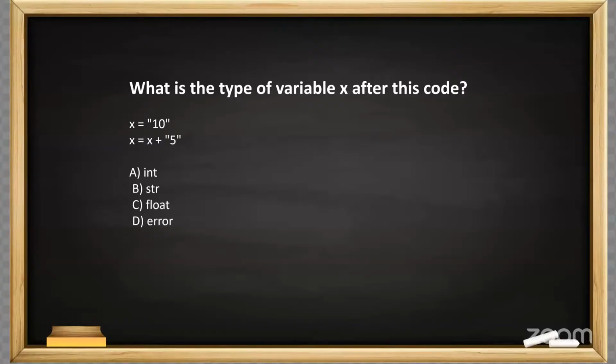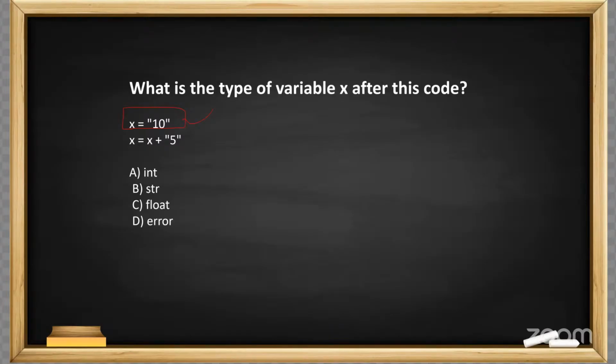Is it error or string? String plus string. Right, so the answer is string. It will not throw any error, because here X is a string since I have represented it in quotes.